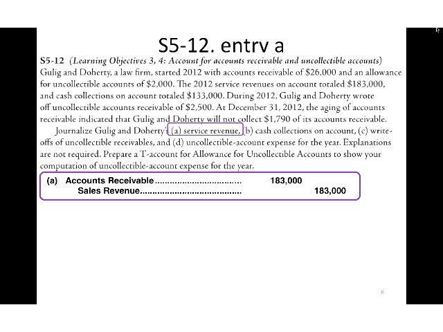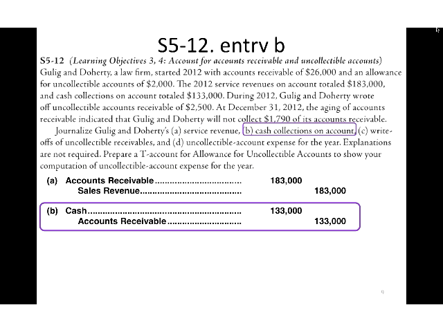Okay, next entry, cash collections on account. So entry B, we have cash collections on account. We look up at that top paragraph and it tells us cash collections on account totaled $133,000. So that's saying we got $133,000 of cash in. So what we're going to be doing is we're going to be debiting cash for the $133,000, and then we're going to be crediting accounts receivable because these are our customers that have paid off their account, paid on their accounts.